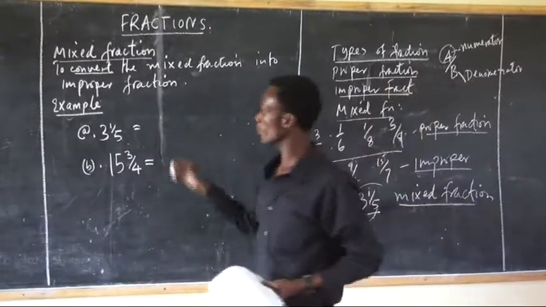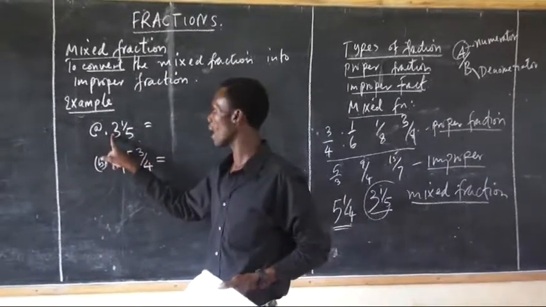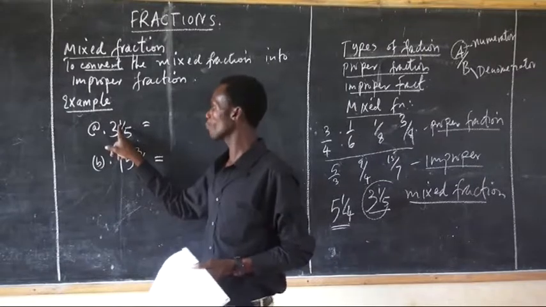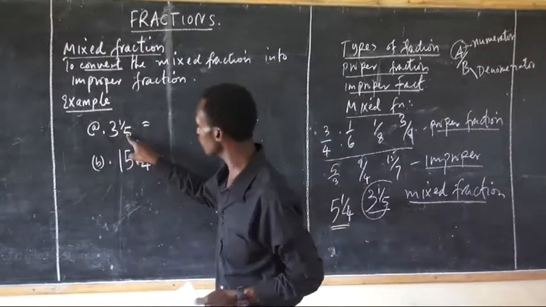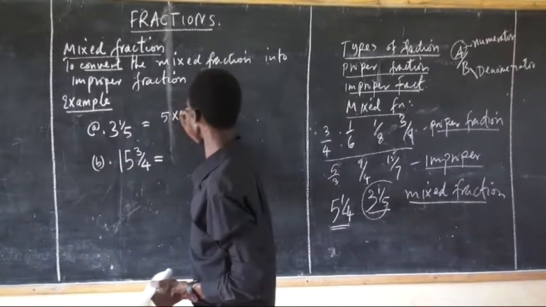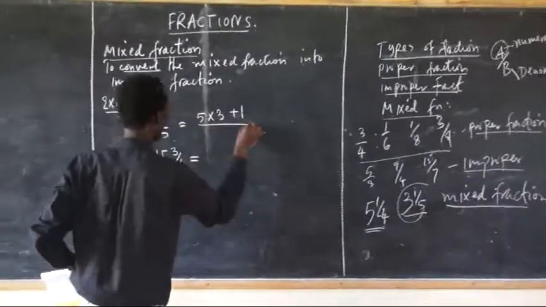This is how we do it. You take the denominator, you multiply it with the whole number, and then you add the numerator. Now it is 5 times 3 plus 1, over the denominator 5.